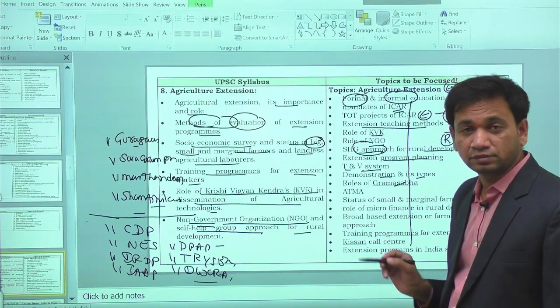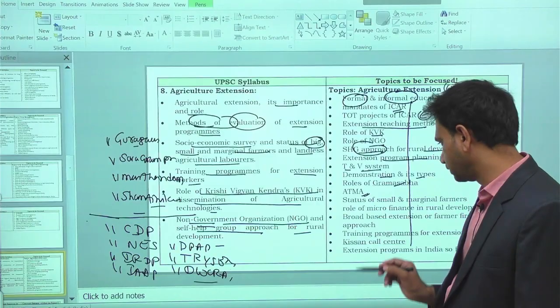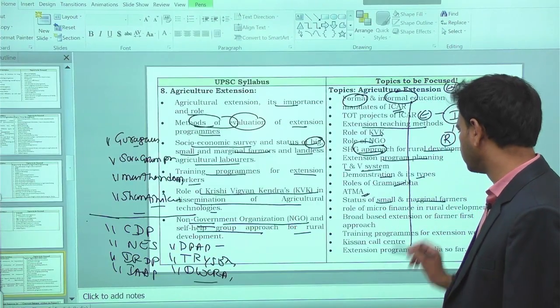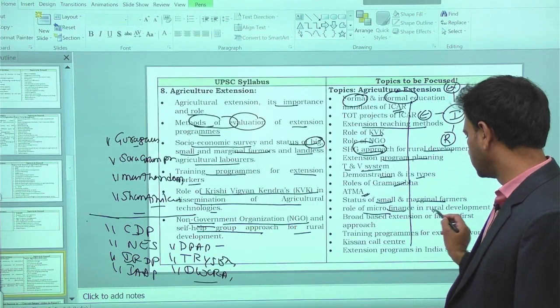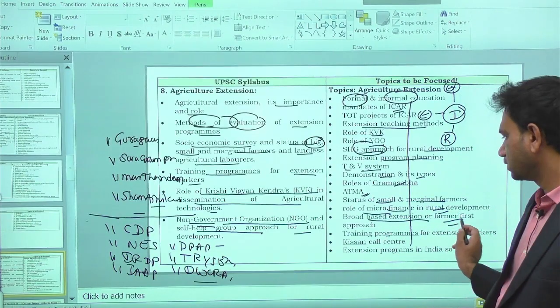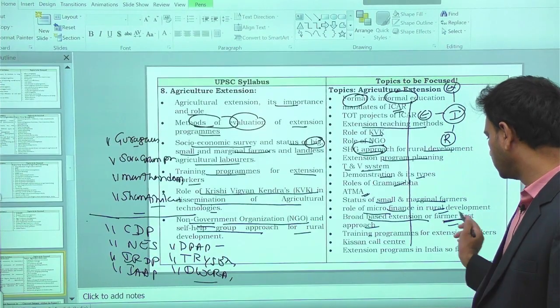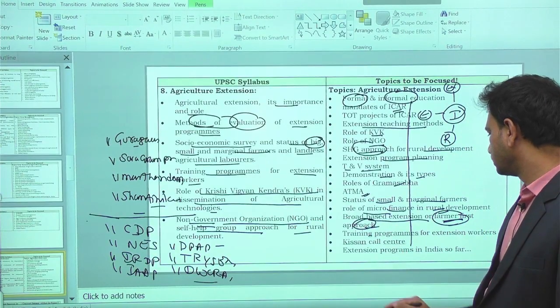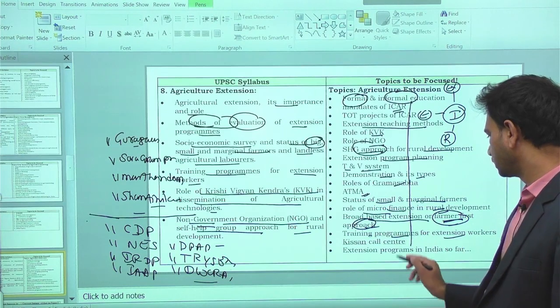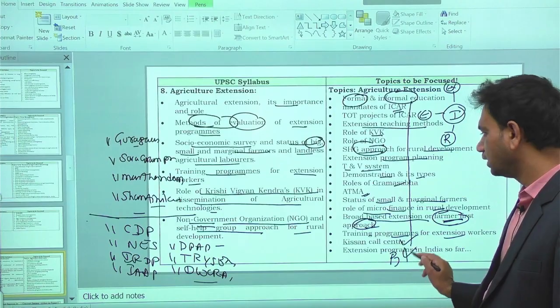Role of the Gram Sabha in rural development, then ATMA, Agricultural Technology Management Agency, then status of small and marginal farmers, role of microfinance in rural development, then the broad based extension system, sometimes also called the farmer first approach, the approach for making innovations in agriculture, then training programs for extension workers, Kisan Call Center, and extension programs before and after independence.